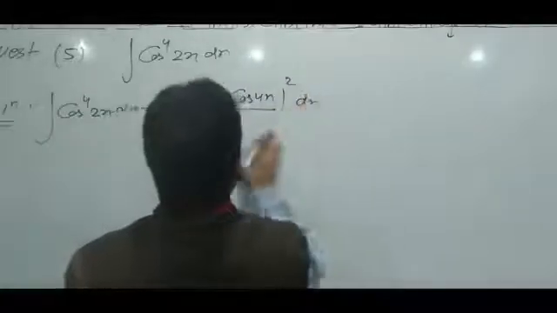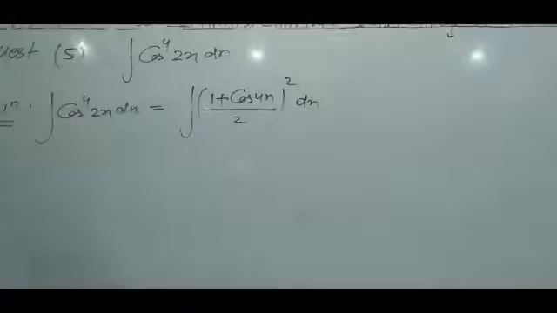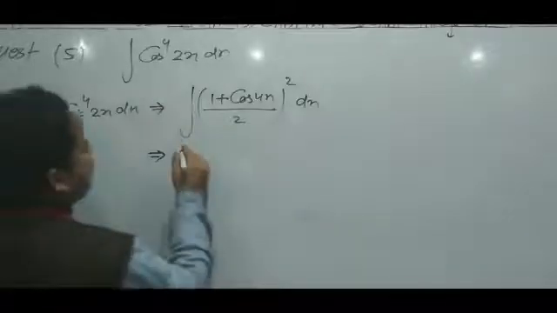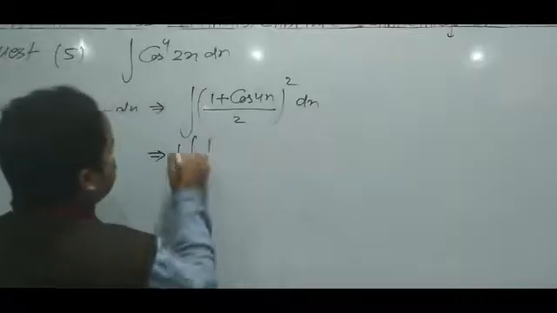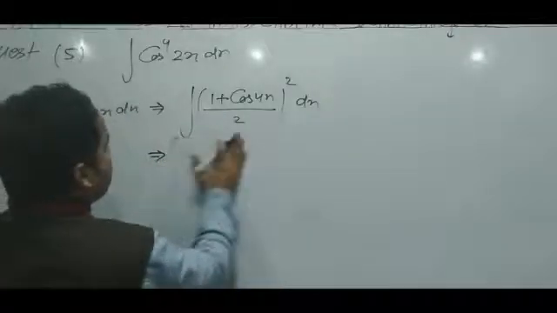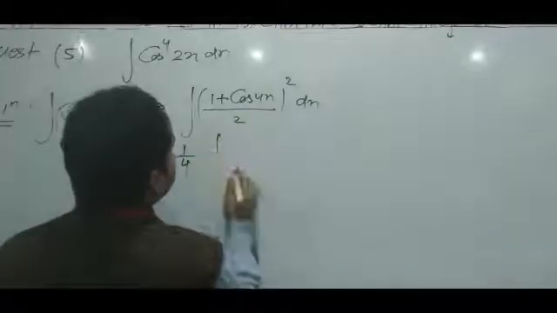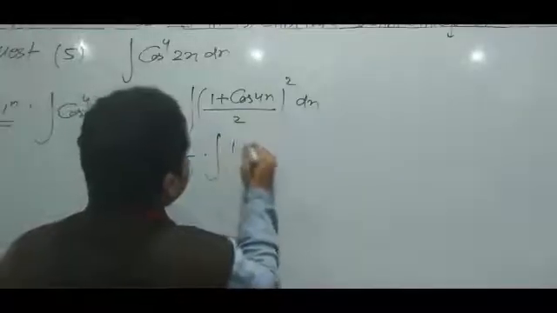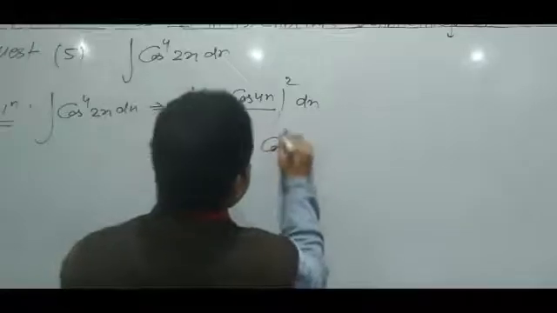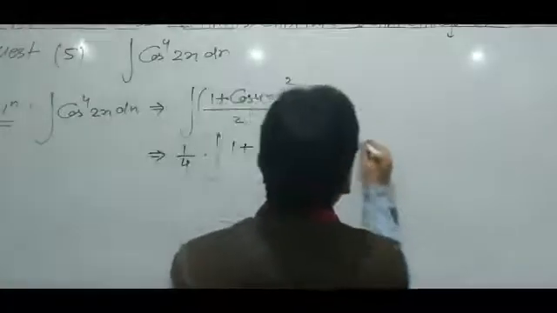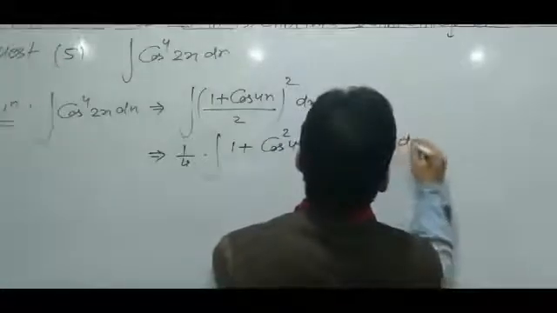Now dx. So we can square this. Now the format we can write: integration over 1 by 4, outside the integral, and the result will be 1 plus cos square 4x, plus 2 times cos 4x, and next dx.